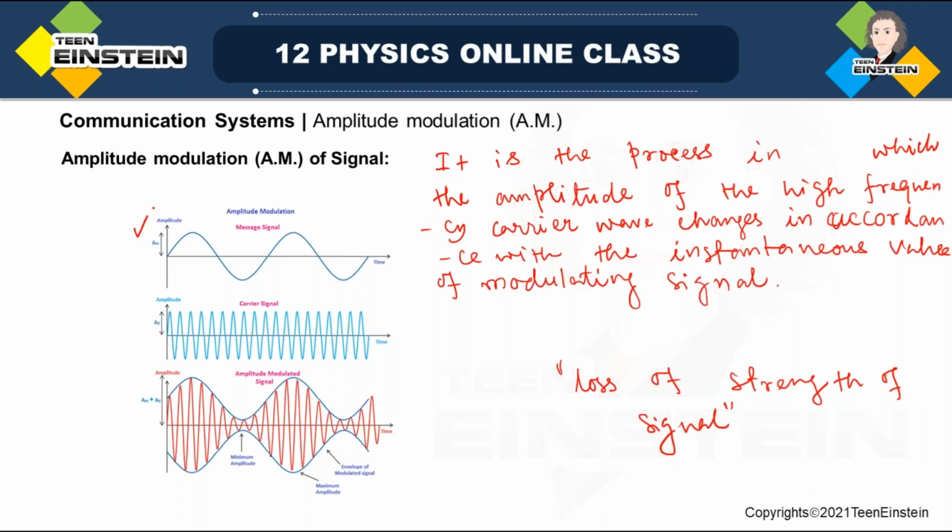Suppose this is the modulating or message signal, which has a very small frequency. This signal has to be transmitted from one place to another without any loss, so what we have to do is modulation. You can see that this is the modulated part.